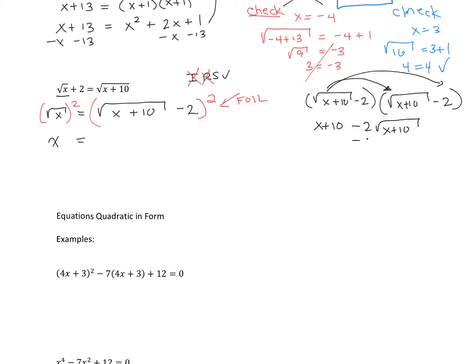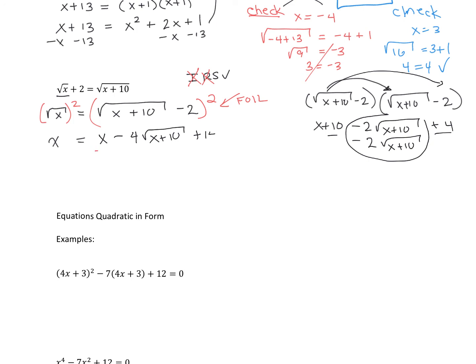For the insides, you get minus 2 root x plus 10 also, and then you get plus 4. So what we end up with here is x minus 4 root x plus 10. That's adding these two together. And then 10 and 4 give us 14.